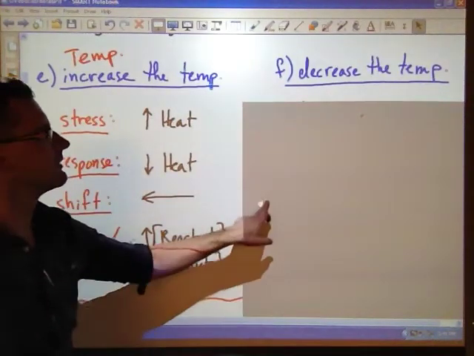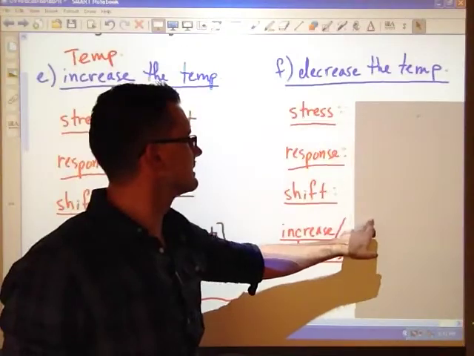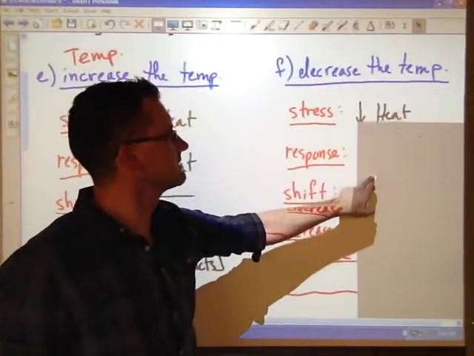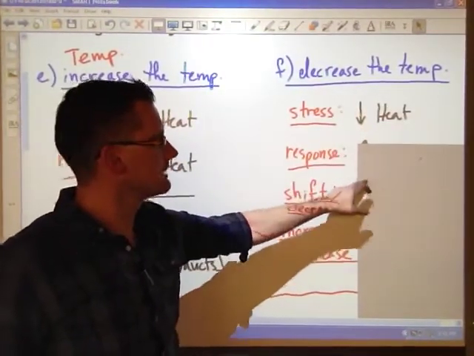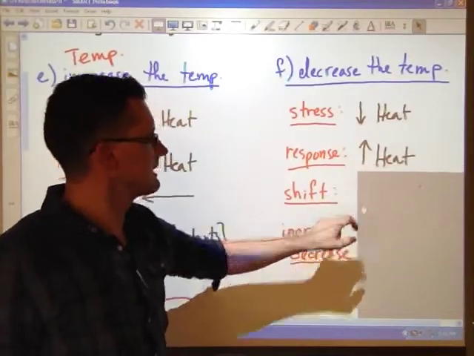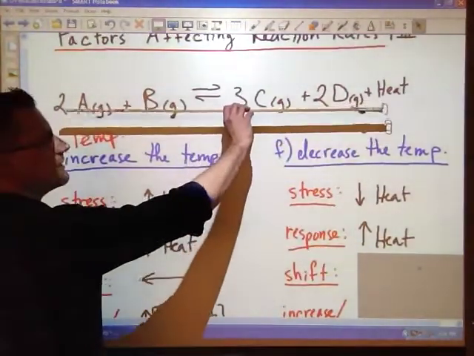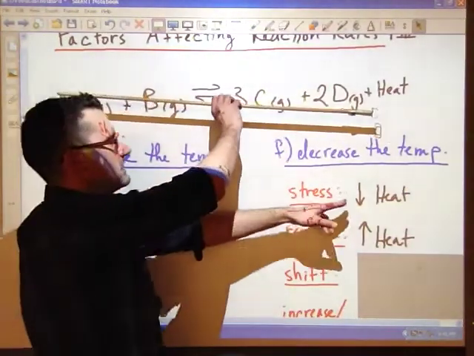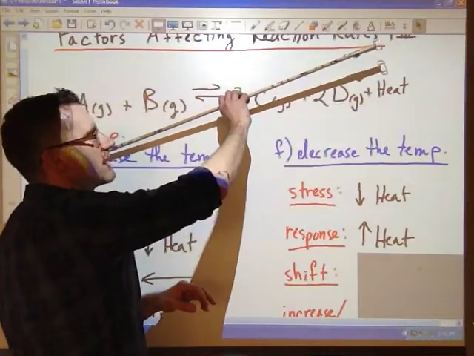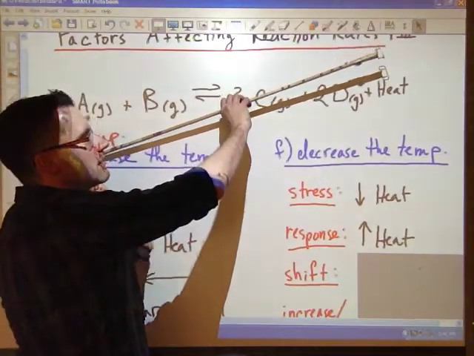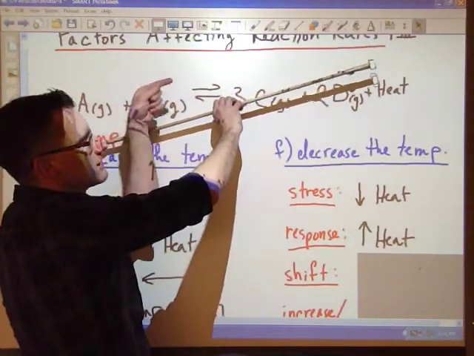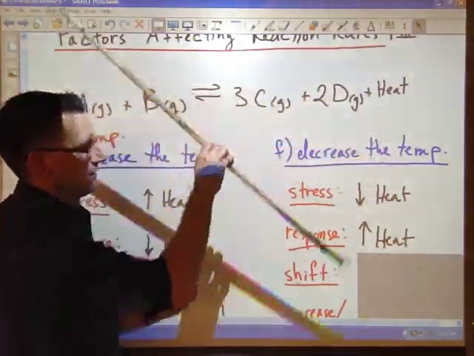Okay? Looking over at the opposite, if it had been decreasing heat, the temperature, that's like lowering the heat. Want to replace the heat. So once again, think of heat as a tangible item. If we removed it, such as over here, it's out of whack. We're losing product there. We need to make more products by shifting things this way.